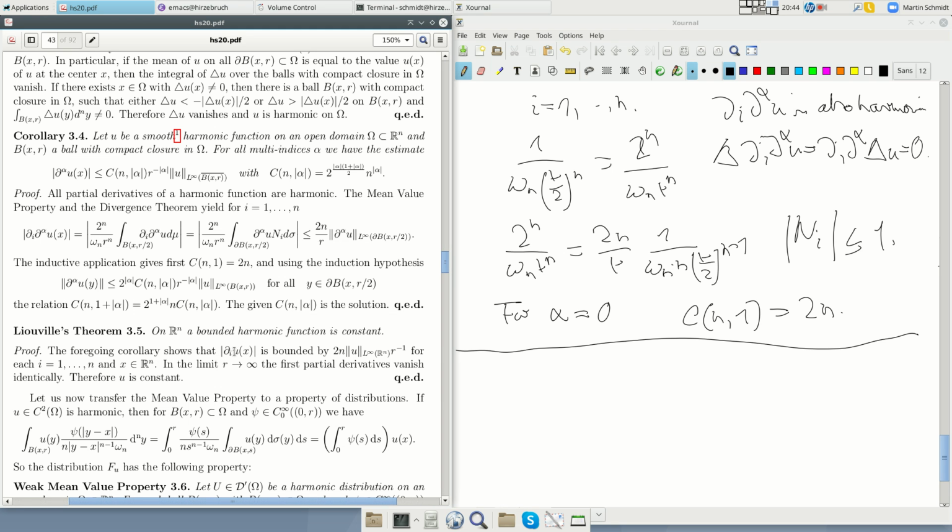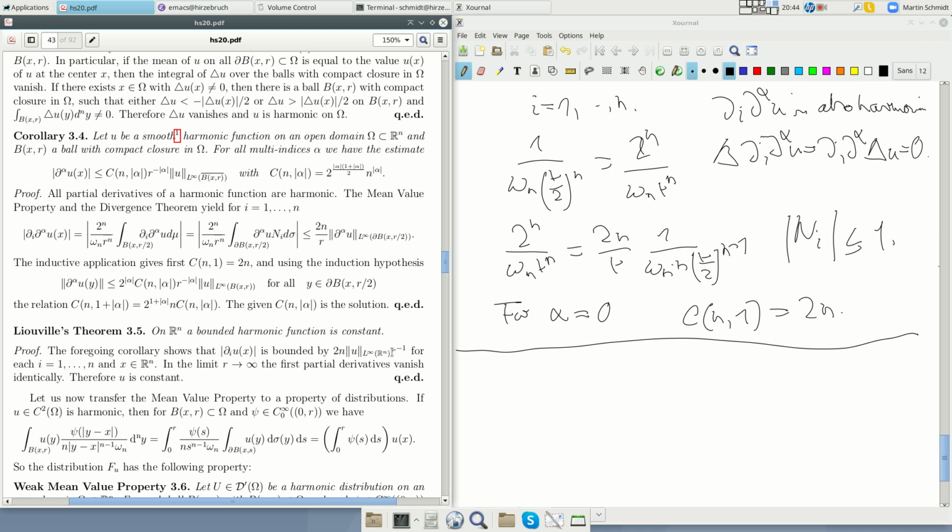We take the first derivative and apply this estimate. Since the function is bounded, this constant is bounded. The length is 1. So we see that the value is always bounded by some uniform bounded number divided by r.